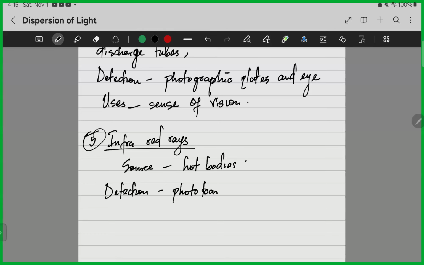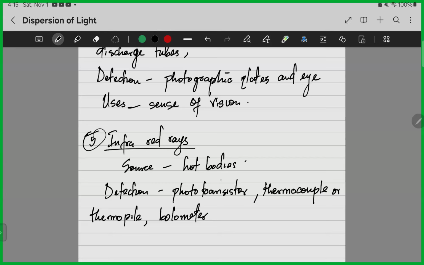For infrared rays, phototransistor, thermocouple, or thermofoil, bolometer, and special photographic plate.